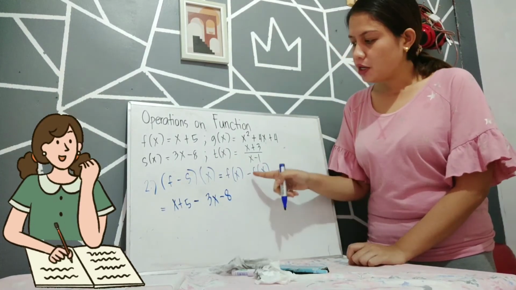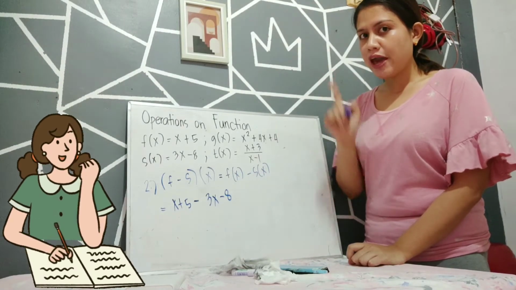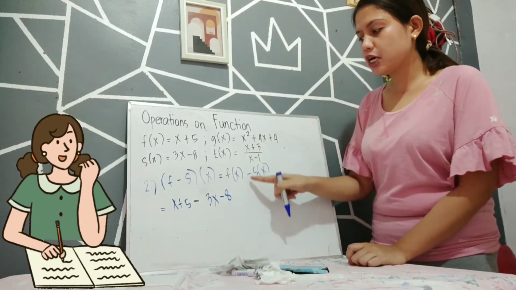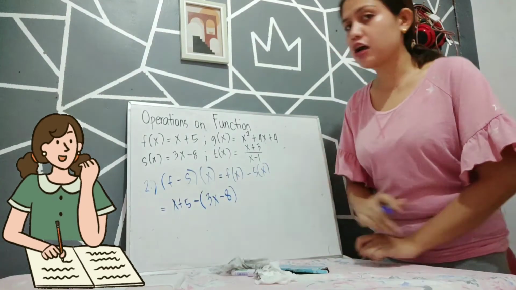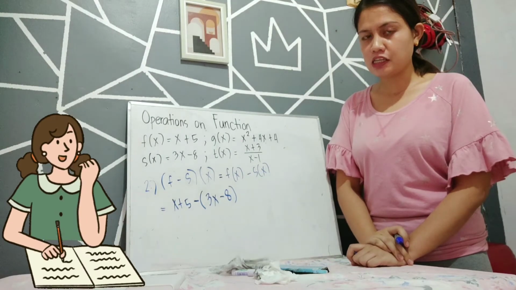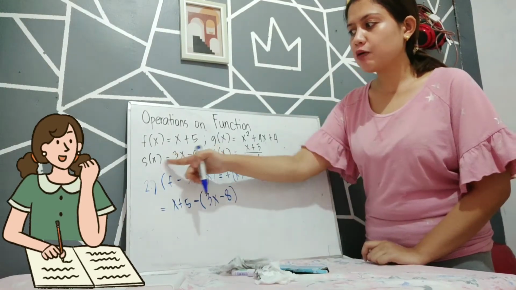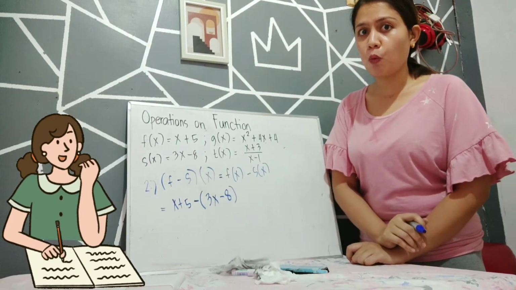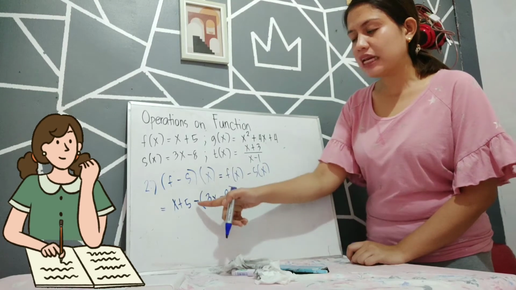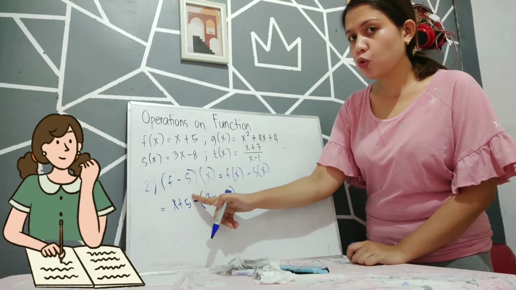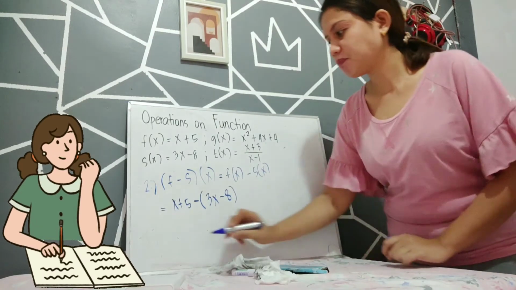Now, as you have noticed here, our operation is minus. Every time our operation is minus, class, you enclose the second function in parentheses. Why? Because our function involves more than one term. It means we need to distribute the negative sign to the terms inside the parentheses.